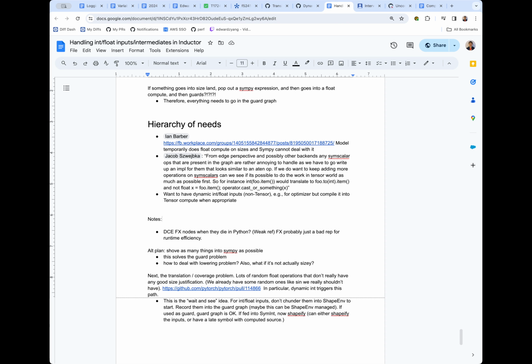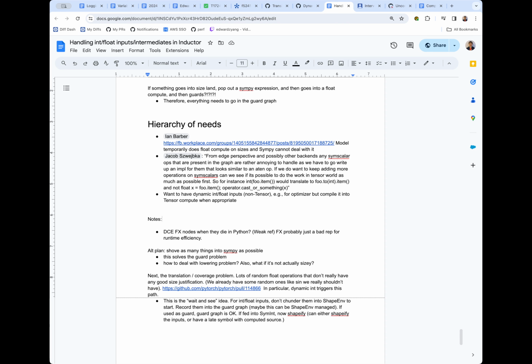One of the reasons why deciding whether or not to make something tensor compute is difficult is because of a constraint that I've placed, which, if you want to disagree with me on this, you can, which is that size computation should not go into tensors. If I have S0 and S1 and I cat them together, computing S0 plus S1, I don't think I should put S0 and S1 into a tensor, then run torch.add, and then .item out the result.